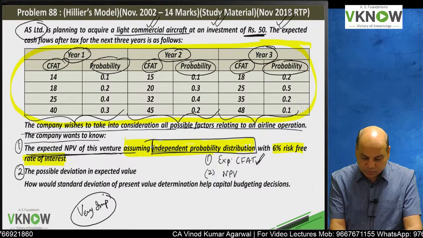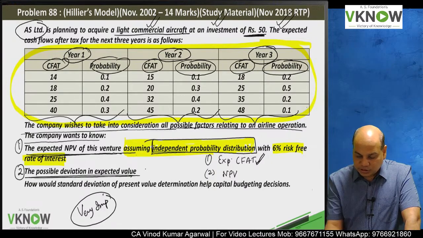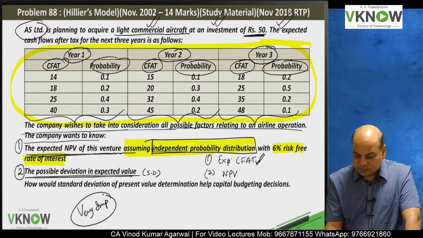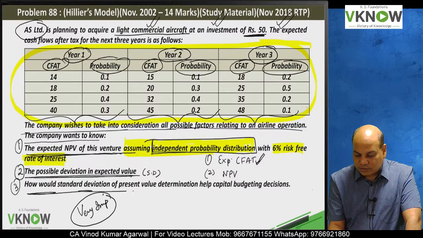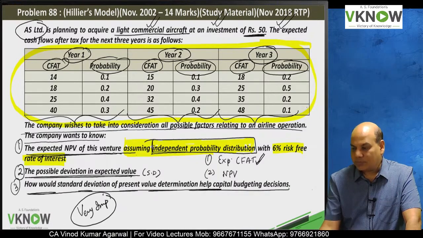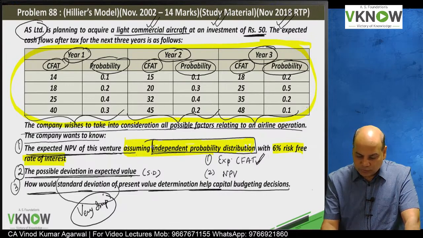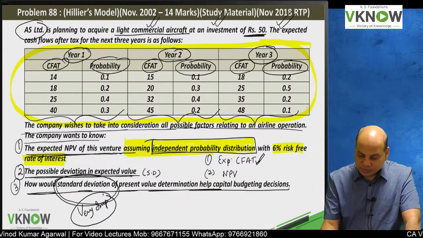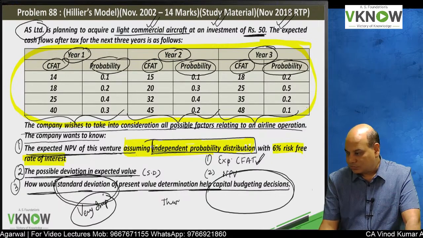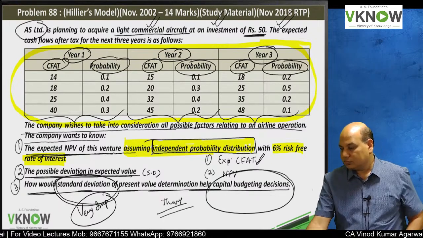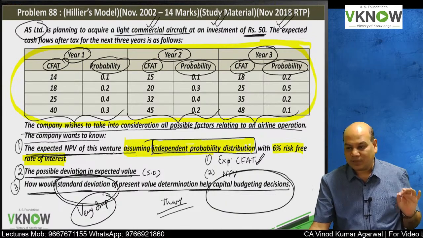Second, you have to compute possible deviation in expected value, which means standard deviation. And third, theory question: how would standard deviation of present value determination help capital budgeting decision? This we will answer later.